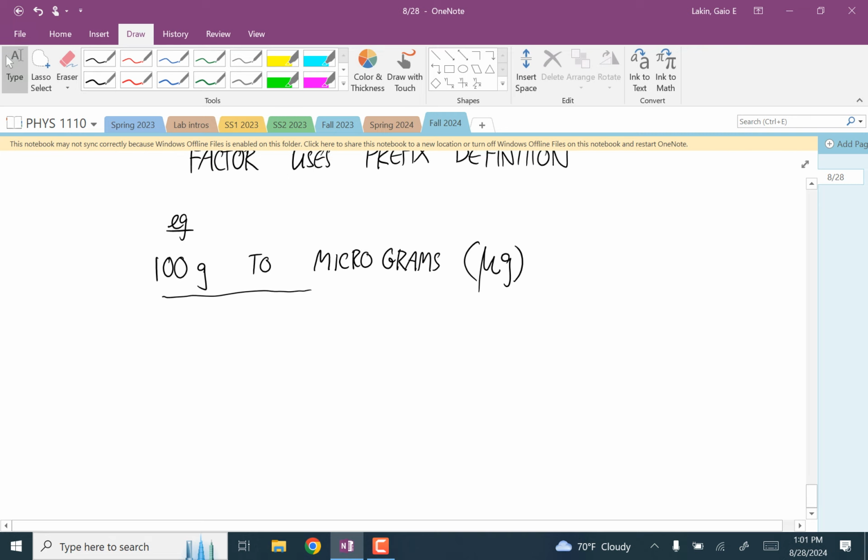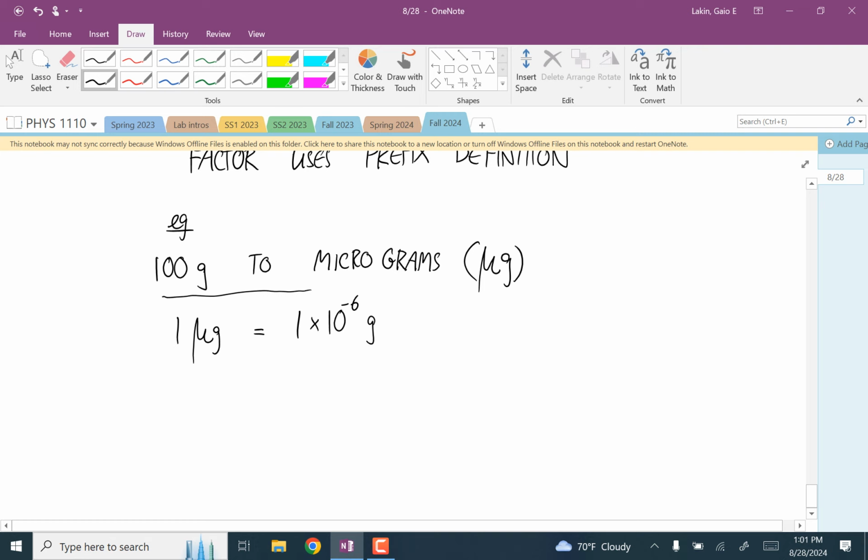Okay, well, we know that 1 microgram, using the definition of micro, is equal to 1 times 10 to the minus 6 grams. Right, I just replaced that micro with its definition.